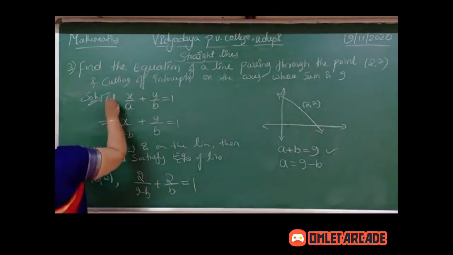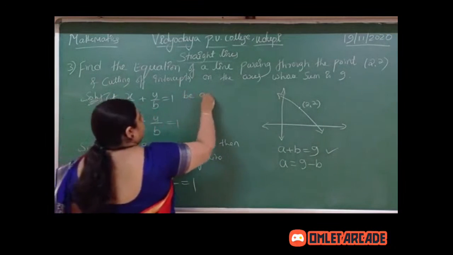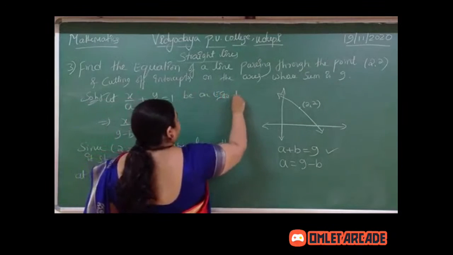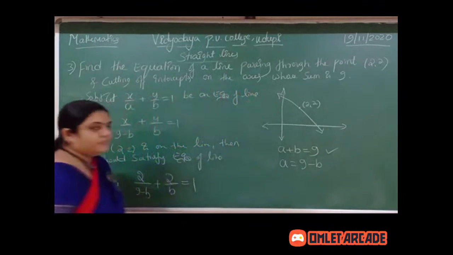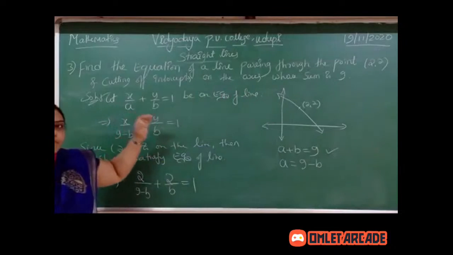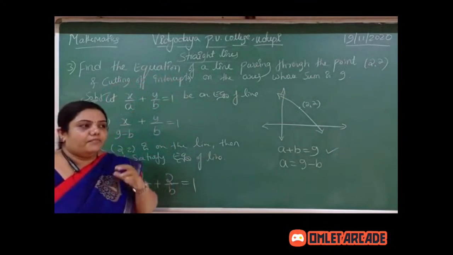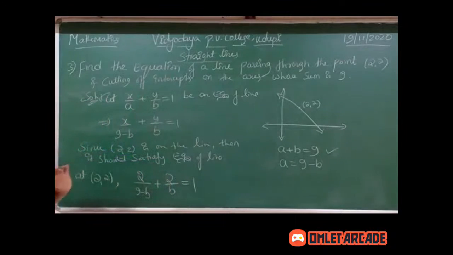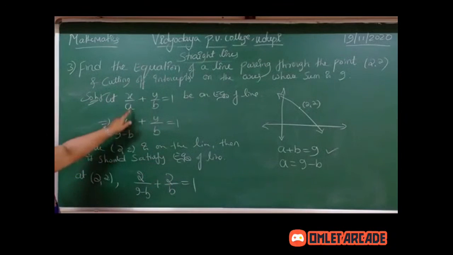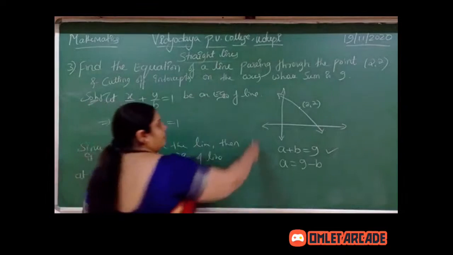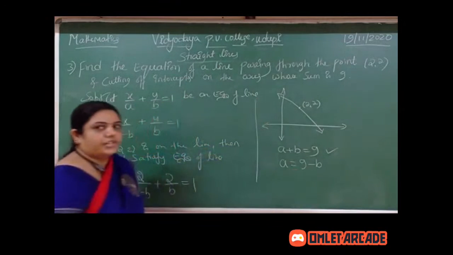First write down, let this be the equation of the line. Did you get why I took intercept form here? In the question itself, you get an idea of which equation you have to use, isn't it? So in place of a, I substituted this. Please take the figure only for reference, students.